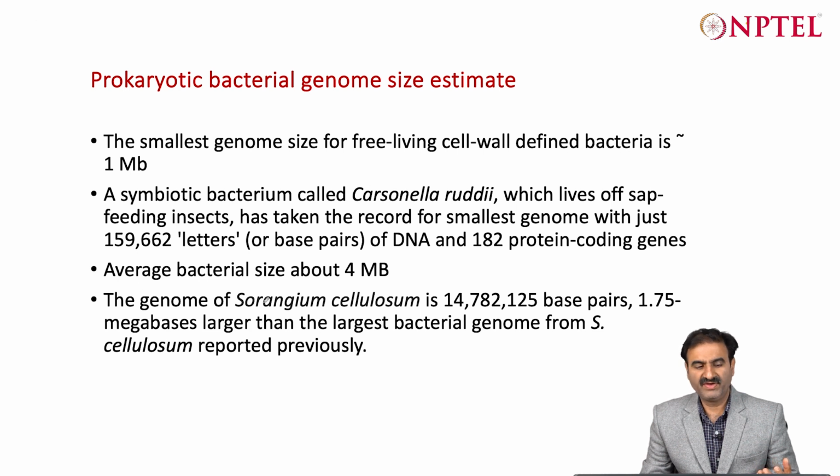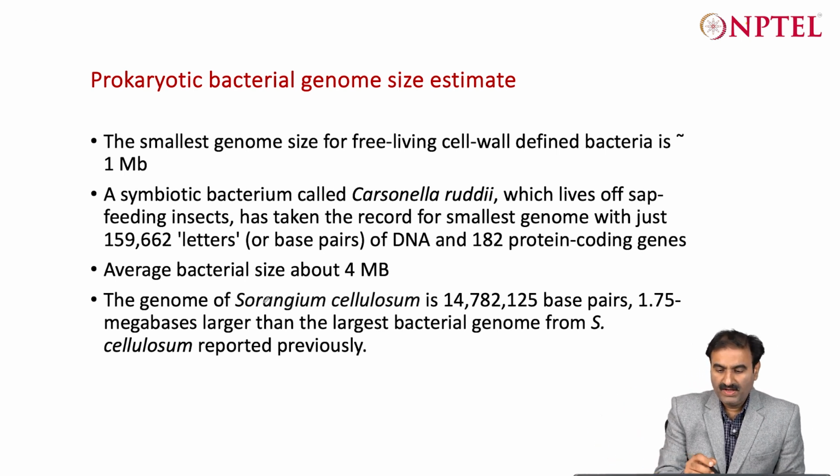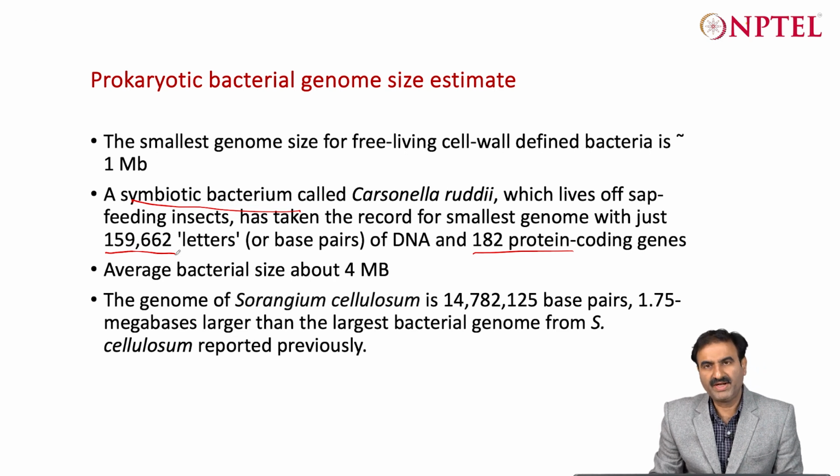But the smallest free living is about 1 million base pairs. Basically you can see this symbiotic bacterium, which is the smallest one, is only 159 kb and has only 182 protein coding genes, and it is much smaller than what we can imagine for life to sustain.